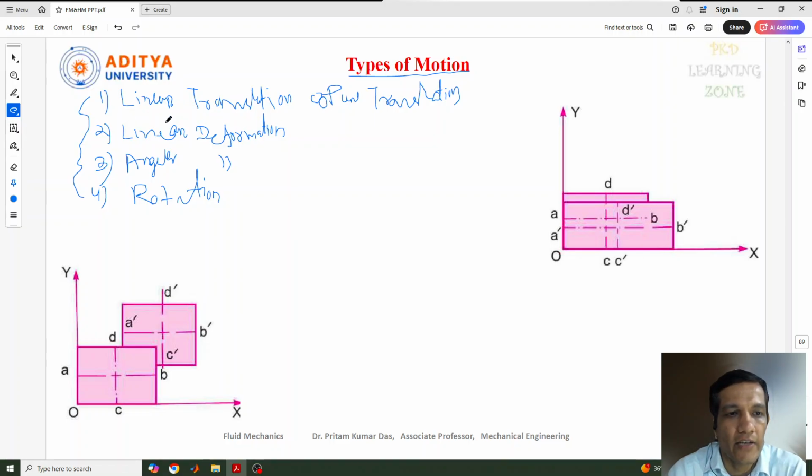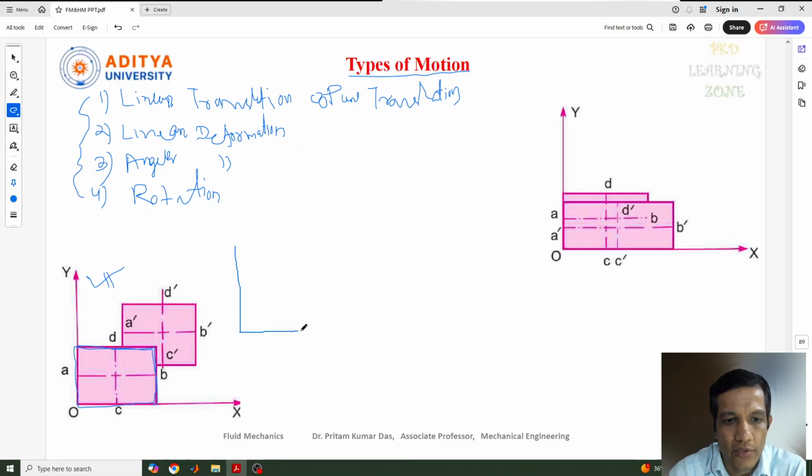In linear translation, when the fluid particles move, I have given an example here. This is the diagram for linear translation. Initially, suppose the fluid particle is this, and it is a definite shape we have taken here. Let me draw another diagram.